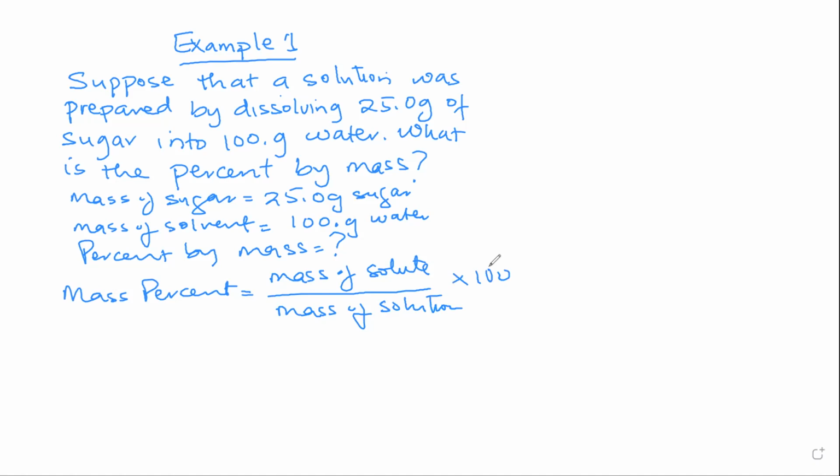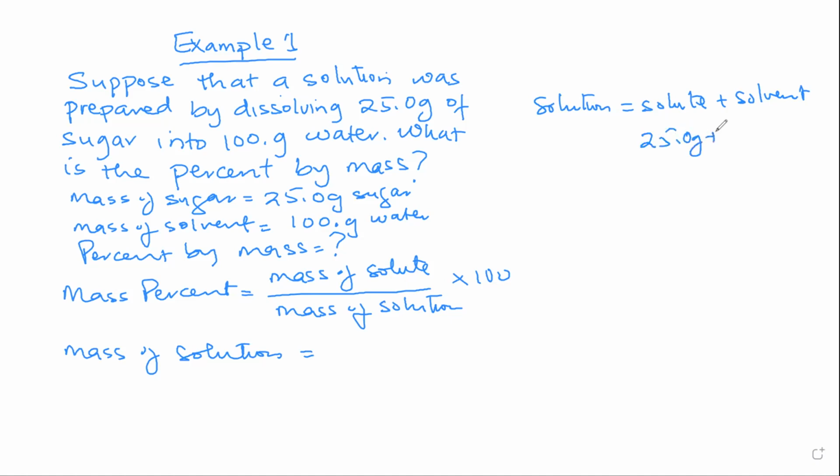Now, we know mass of solute, but we need mass of solution. From what we know already, solution is solute plus solvent. So solute here is 25.0 grams and solvent is water, 100 grams.